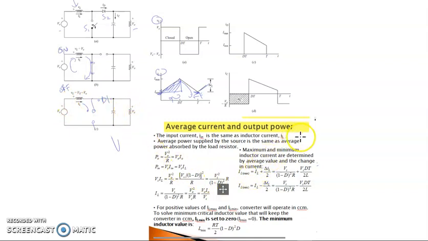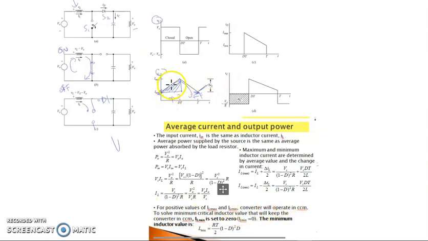And the maximum and minimum inductor current are determined by the average value and the change in current. So we can set the inductor current maximum and minimum based on the equation here. You can refer to the details in the reference book. For positive values of IL max and IL min, the converter will operate in CCM.